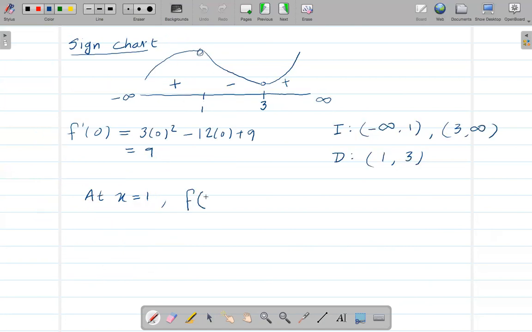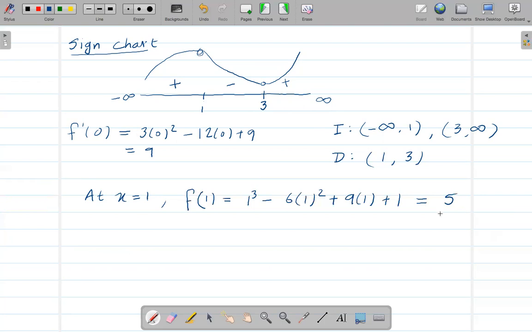So plug in 1: 1 to the power of 3 minus 6 times 1 squared plus 9 times 1 plus 1, and this is going to be 5.